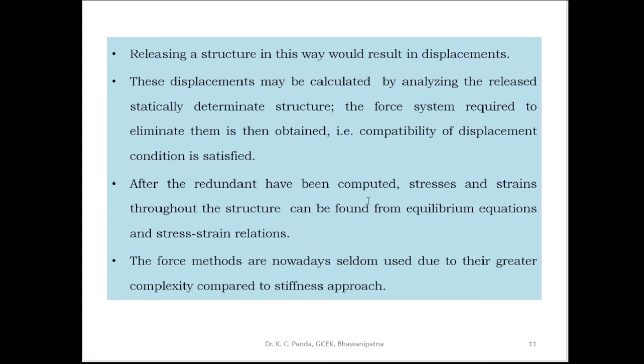After the redundants have been computed, the stresses and strains throughout the structure can be found from equilibrium equations and stress-strain relations. The force methods are nowadays seldom used due to their greater complexity compared to the stiffness method.